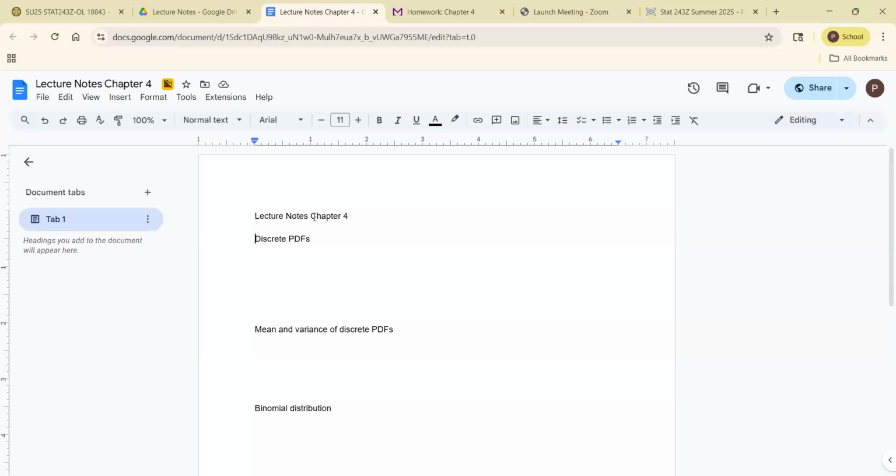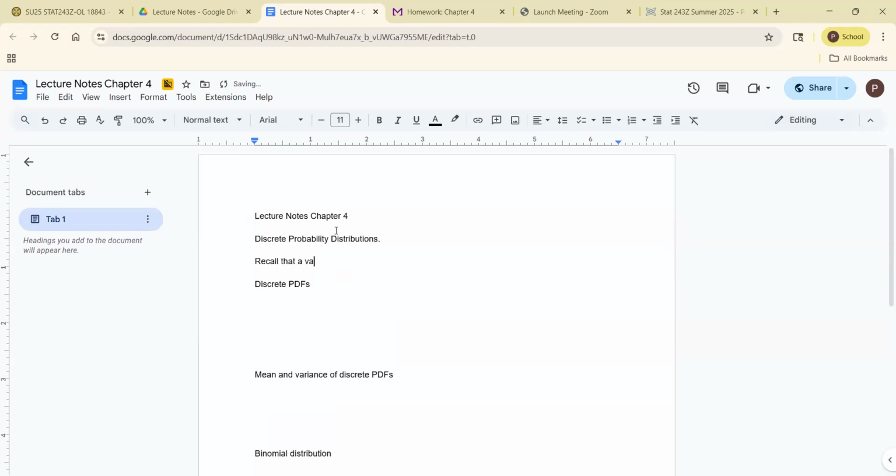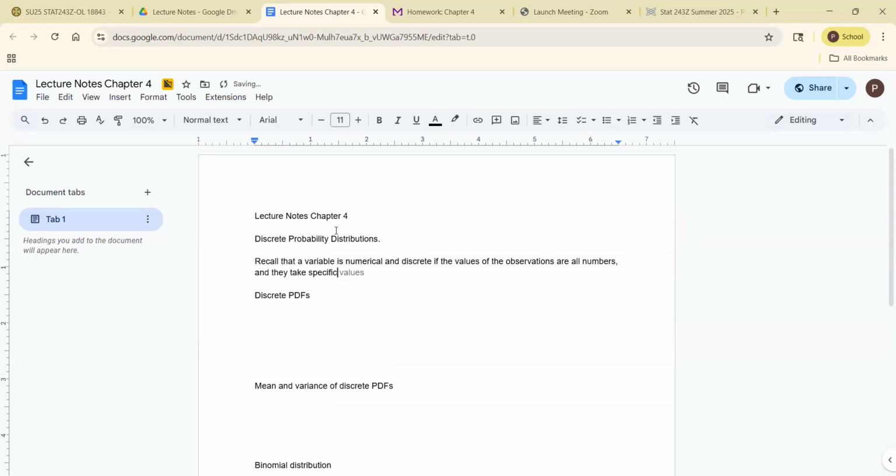Okay, so in this chapter, we're going to talk about discrete probability distributions. Recall that a variable is numerical and discrete if the values of the observations are all numbers and they take specific values. Compare that to a continuous variable where the values can be any numbers in a range.